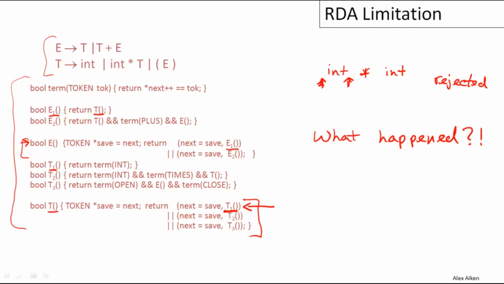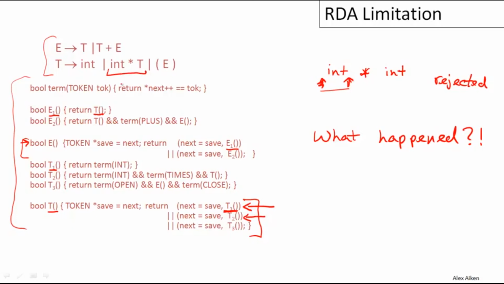And then when E ultimately returns and the whole parse fails because we haven't consumed the input, we don't have a way to backtrack and try another alternative for T. If we were going to succeed, we would have to say, even though we found a production for T that matched part of the input, since the overall parse failed, that must not have been the right production to choose for T. Maybe we should try some other productions for T. In fact, if we had tried the second production for T, T2, we would have matched int times T, and then we probably would have succeeded. We would have been able to match int times int.